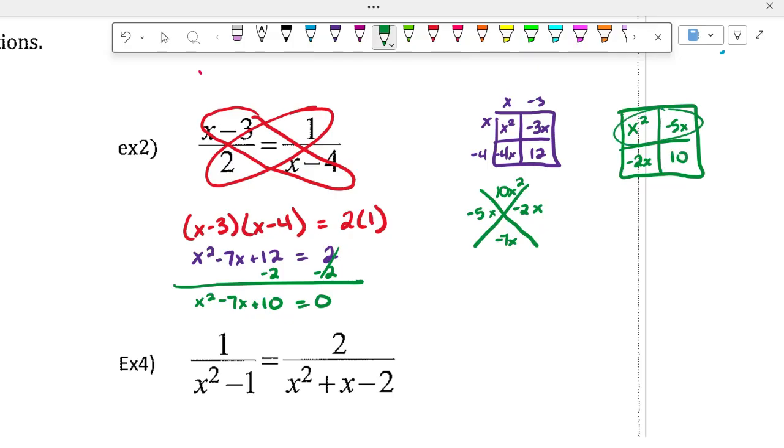GCF of the first row? X. GCF of the second? Not just 2. Negative 2. First one's negative, so you got to take out the negative. GCF of the first column? X. GCF of the second column?